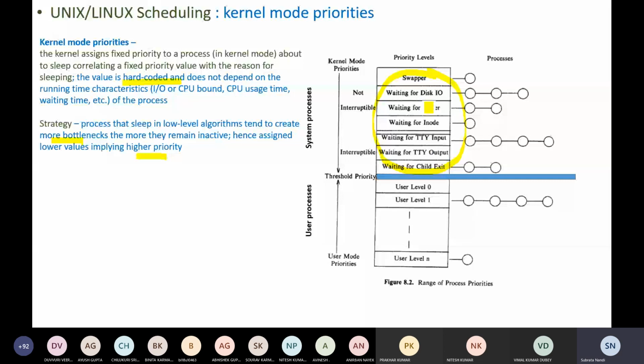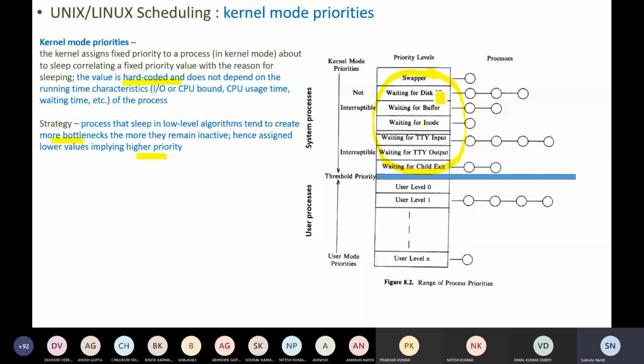So here, who will wait for a disk IO? Somebody who has already got a buffer and already got an inode. So definitely, if you make waiting for the inode a higher priority, then the problem is, some process which is waiting for the disk is following this.